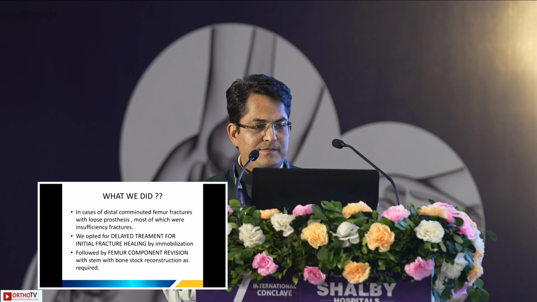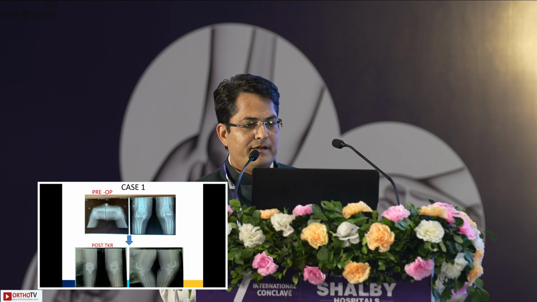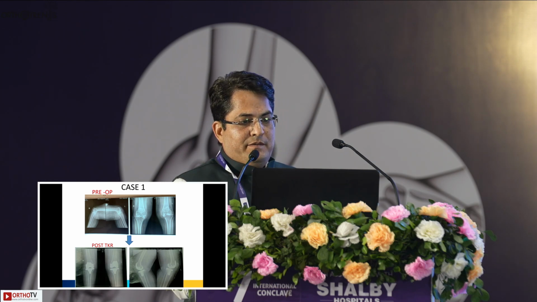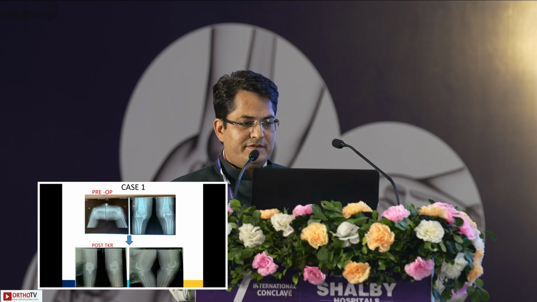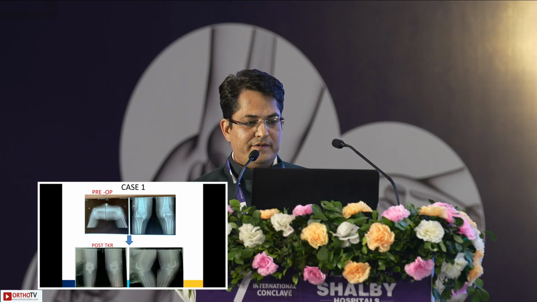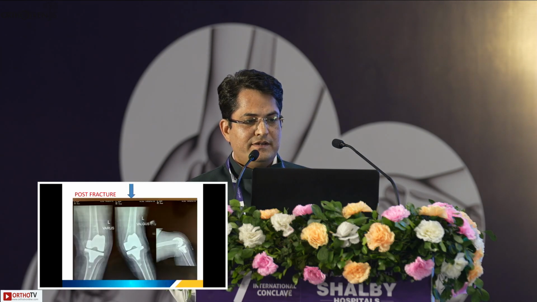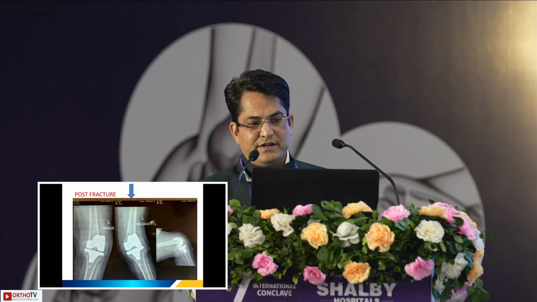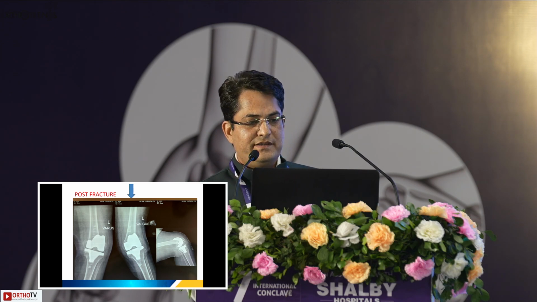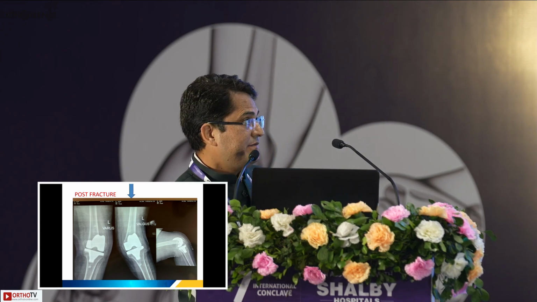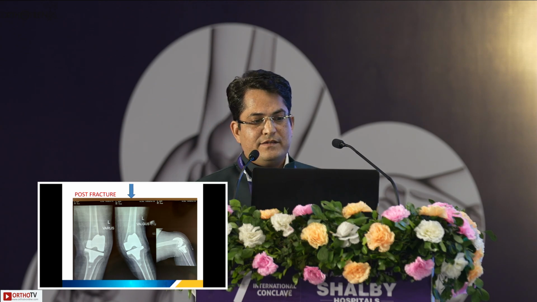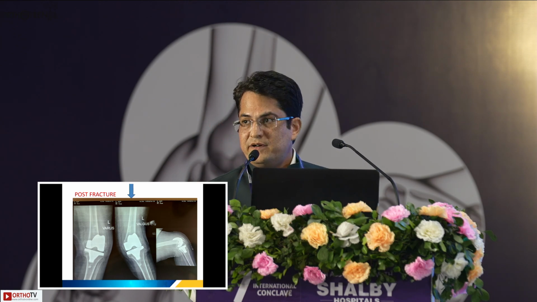This is case number 1: simple primary osteoarthritis, bilateral TKR had been done, nicely well balanced. Around 10-15 days later, before suture removal, she landed up with this highly unstable periprosthetic fracture. Both epicondyles are separated, the component is floating, a highly unstable fracture.